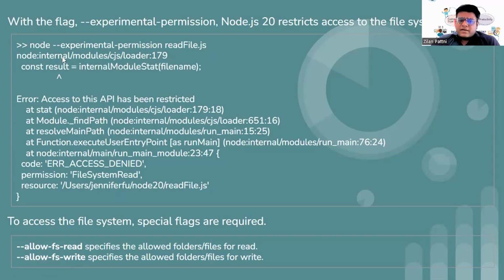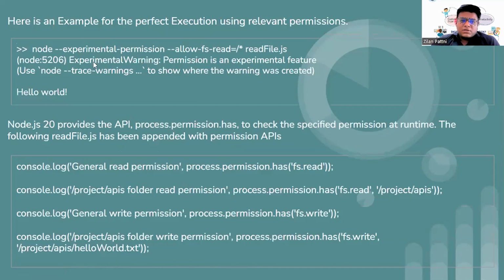So to access the file with experimental permission, you have to set the flags. To read, you have to pass allow-fs-read to tell Node.js that we have allowed reading that file. And for writing, you have to pass the allow-fs-write flag along with the experimental permission. Here is the example with the allow read and write flags.